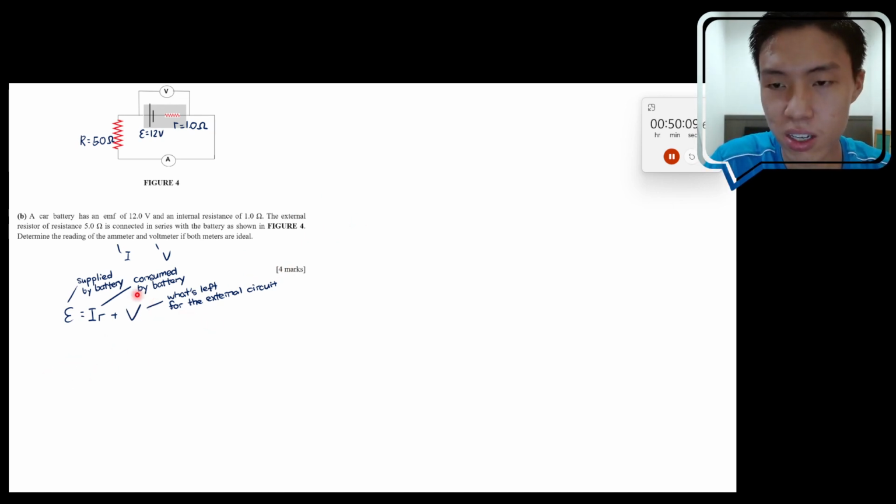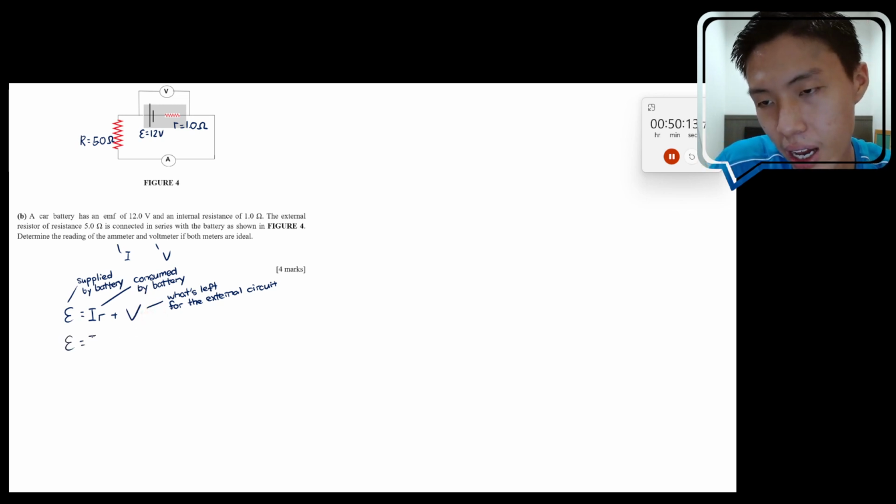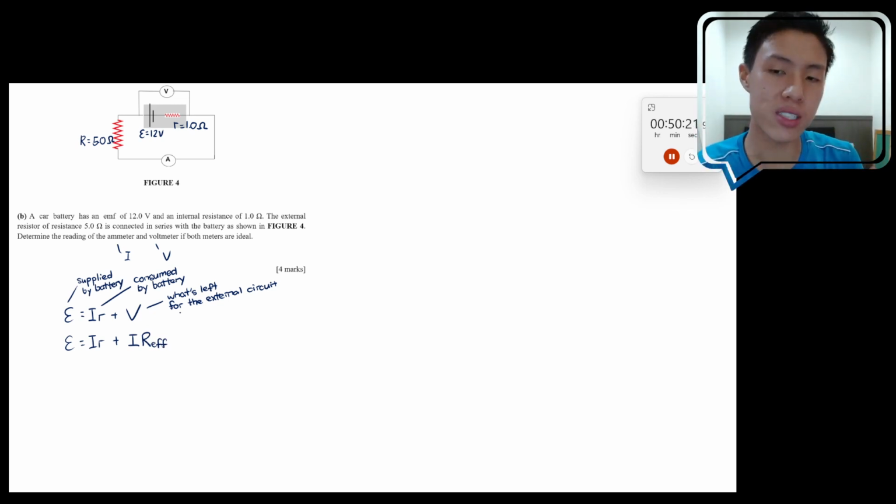Okay, so there's many ways of rearranging it. You know that this terminal voltage here can be expressed as IR, but you have to be very specific. This is R effective. Basically everything outside the battery, all the resistance outside the battery, if you combine them, you get R effective over here.